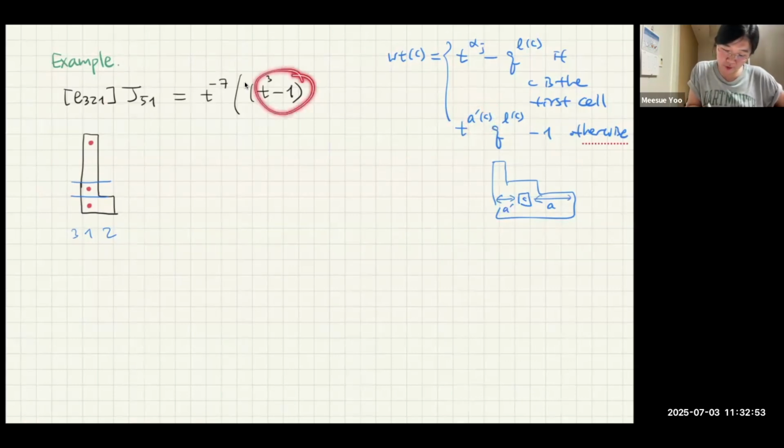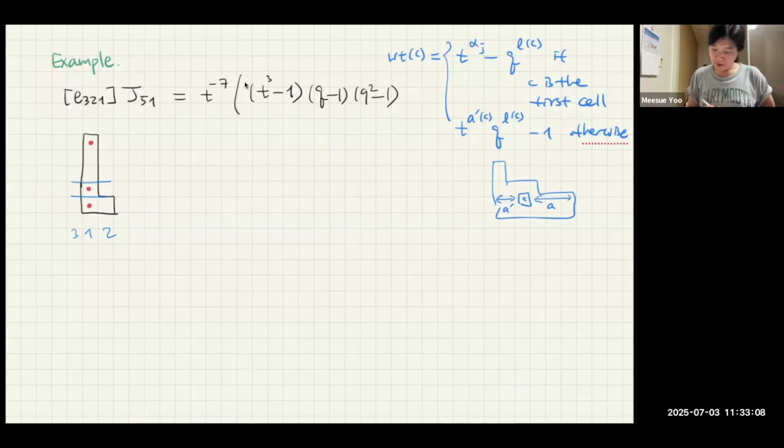So this is the weight of this leading cell here. And the second, third are not leading cells. We're going to use this weight in that case. But arm prime is 0, so you have q minus 1 and q squared minus 1 for the second and third cells. And then this is the leading cell of the size 1 part.